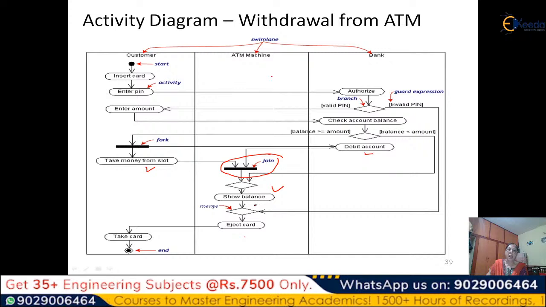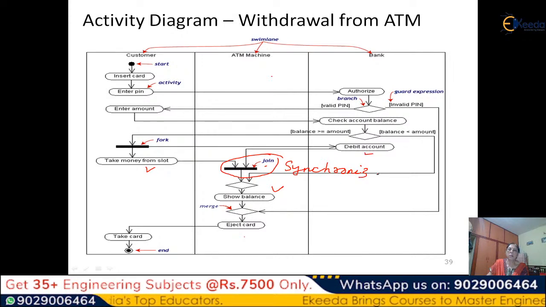And here there is a merge, because there could be an invalid PIN, so that will merge here. This is the fork, this is the join of two different branches, and this is a merge from two different areas. This is a special type of merge. Join is a special type of merge where it is a synchronization point.